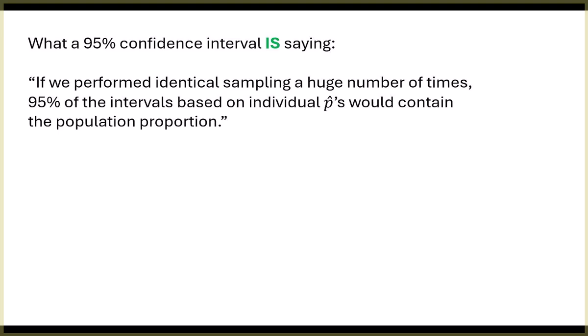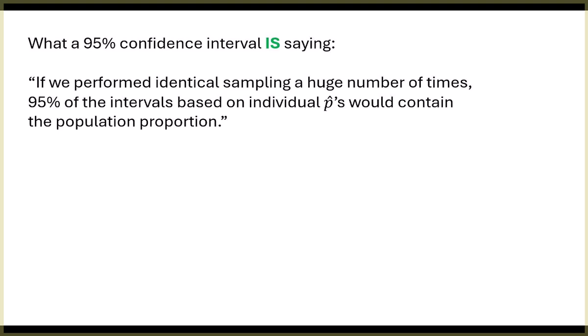And the intervals that we form based on those p hats, 95% of them would actually have the population parameter in that interval. Kind of ironic. This in itself is a proportion. If we did the sampling over and over again, 95% of our intervals would contain somewhere in them the population parameter that we'll never know. We're just trying to guess it.